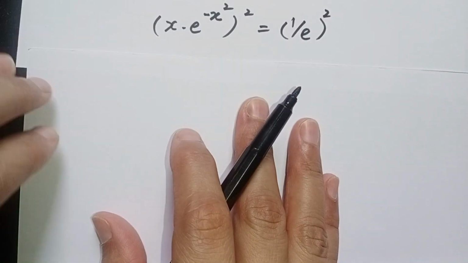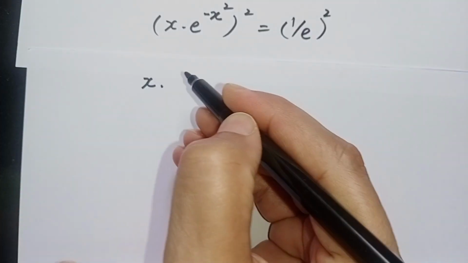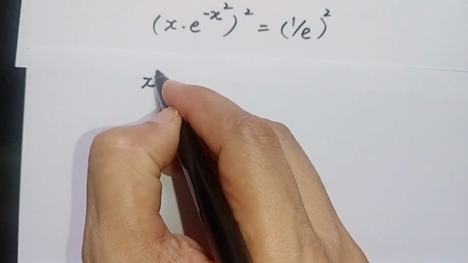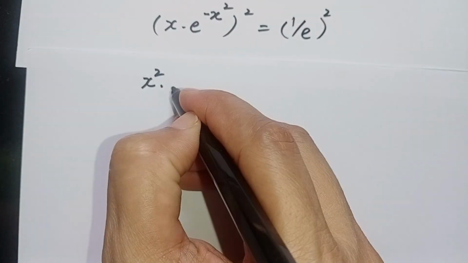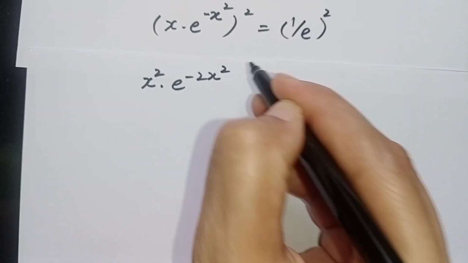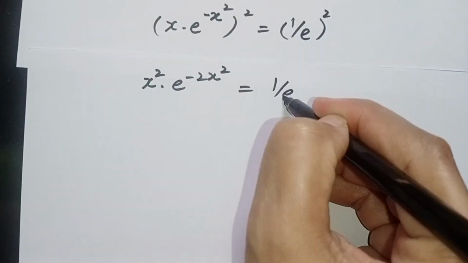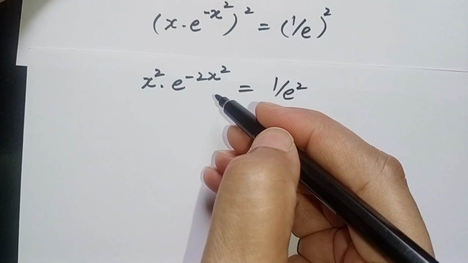We can write x squared times e^(−2x²) is equal to 1 over e squared.